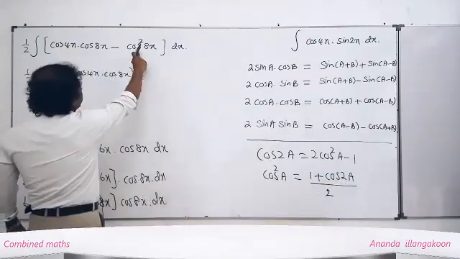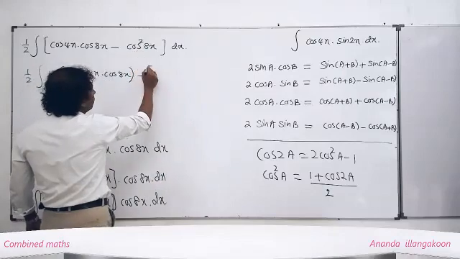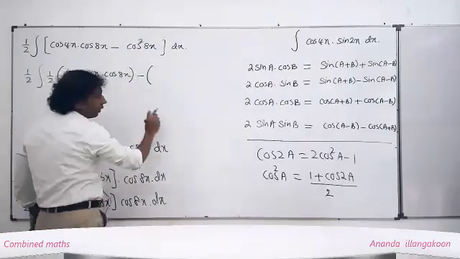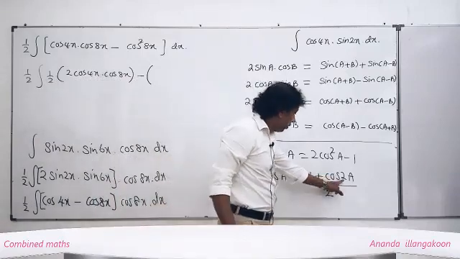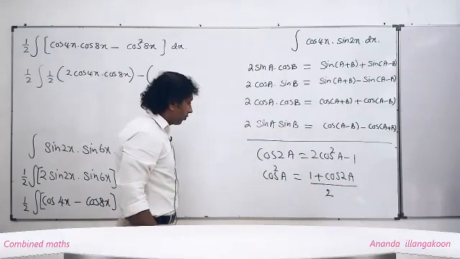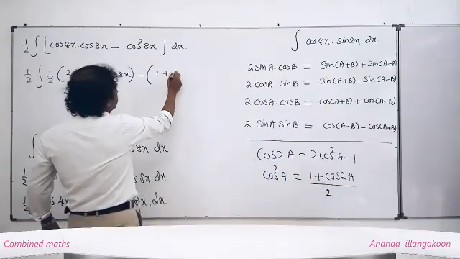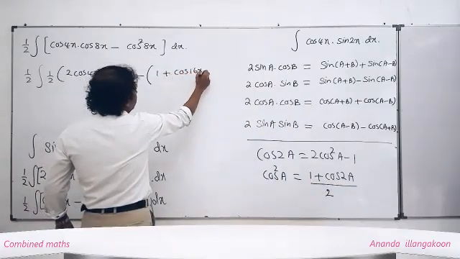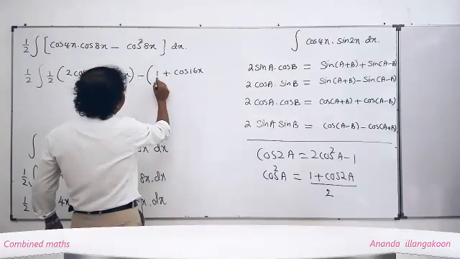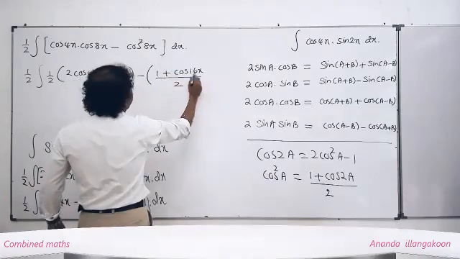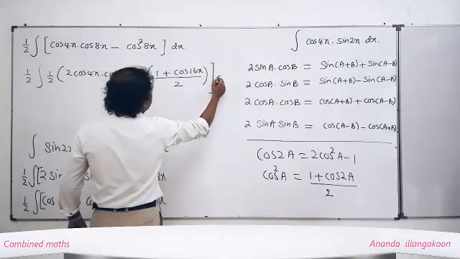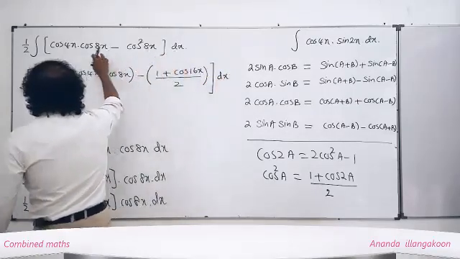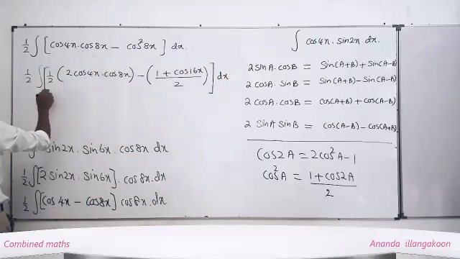Then using that, we can write cos squared 8x like this. For a put 8x, then here will be 16x. 1 plus cos 16x divided by 2 is this.